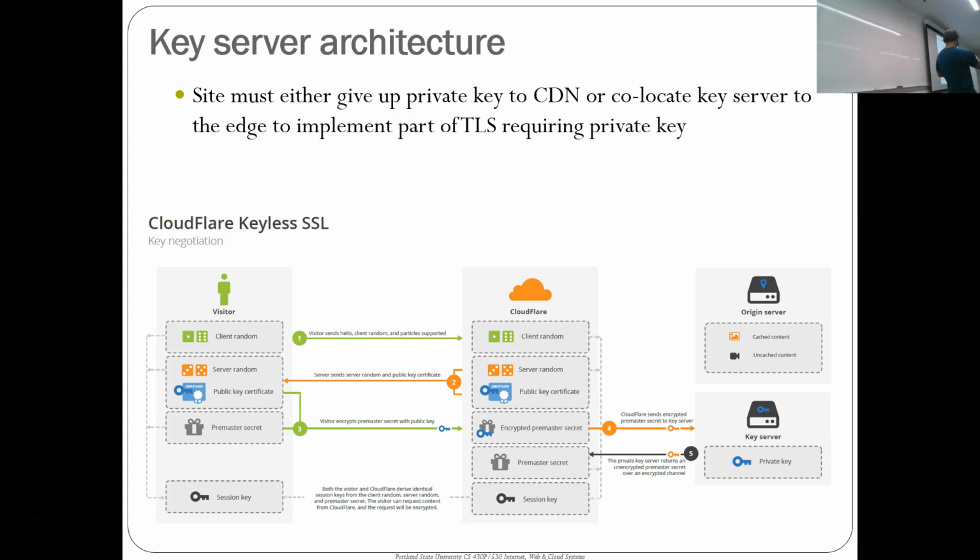But this gets exactly to understanding what is going on with these keys, to understand why this thing has to be done this way. Because otherwise you'll look at this and be like, I don't understand any of it. But if you realize that you need to be able to decrypt this to terminate the HTTPS, then you realize you actually need the private key of the web server to be sitting right next to them there.